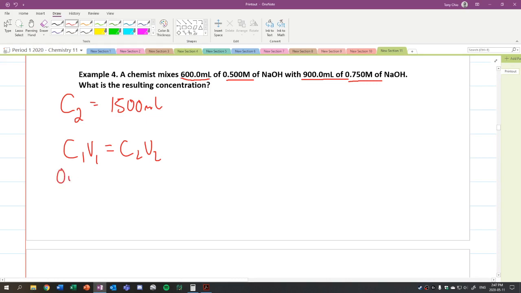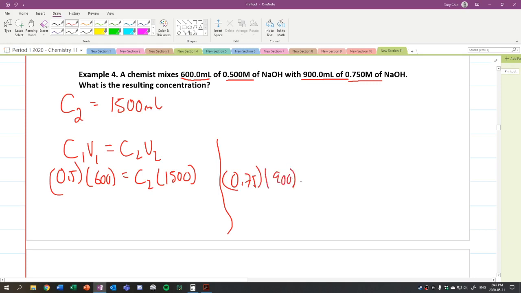So what you're going to have is 0.5 times 600 for the first one is equal to C2 times 1500. Your second one is going to be 0.75 times 900 is equal to C2 times 1500.